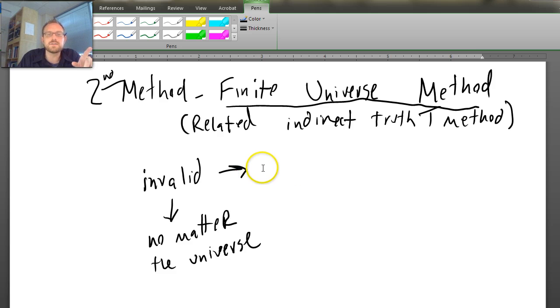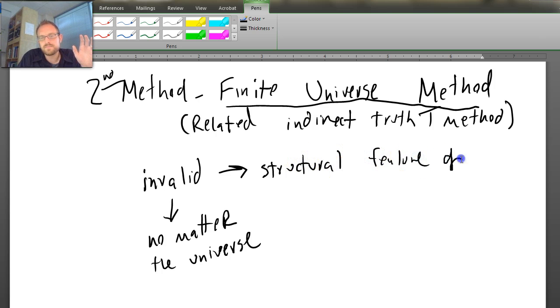The invalidity of an argument is a structural feature of the argument's form. It's not dependent upon what the letters actually mean, what we symbolize them for in terms of the translation. It's just a structural feature of the argument's form.